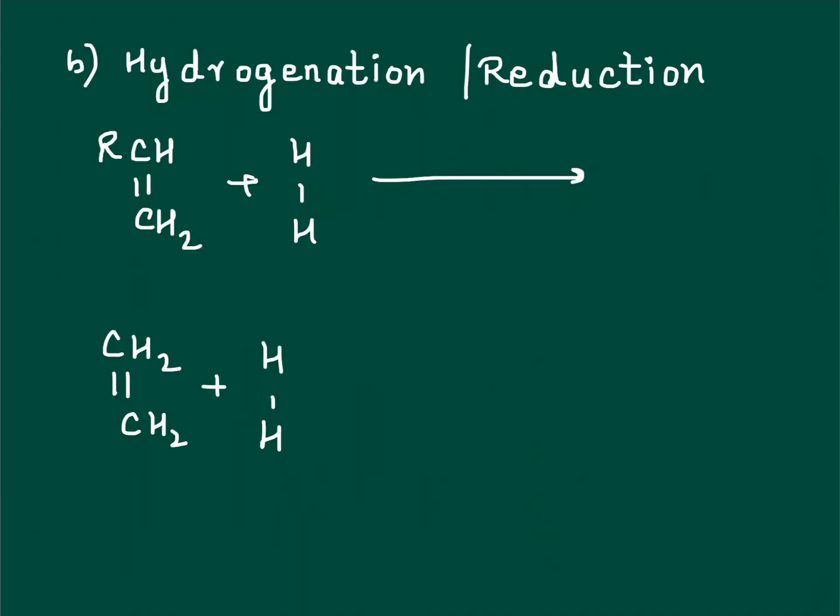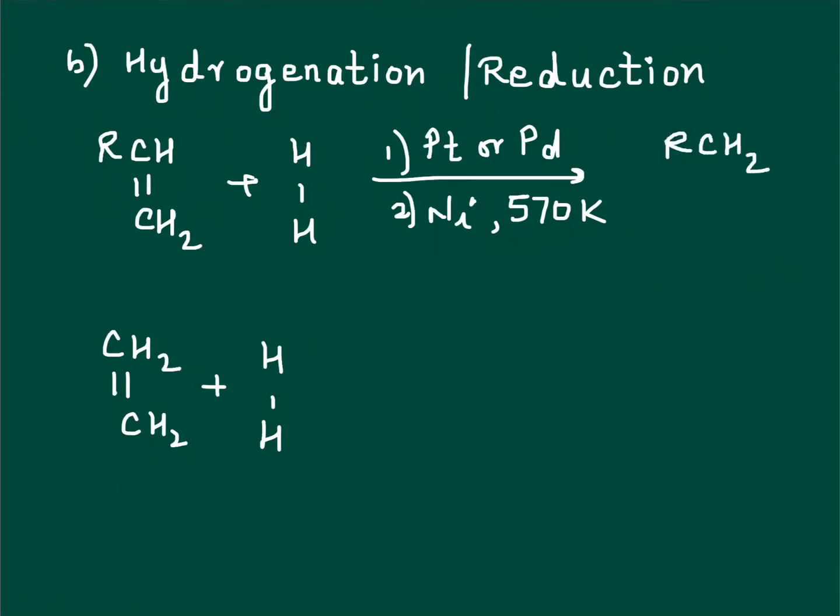Do you remember the reaction conditions we did in the topic of alkanes? Platinum or palladium at room temperature, and if you are using nickel, then it is at 570 Kelvin. They facilitate this reaction. So what will be the product? RCH2 single bond CH3.